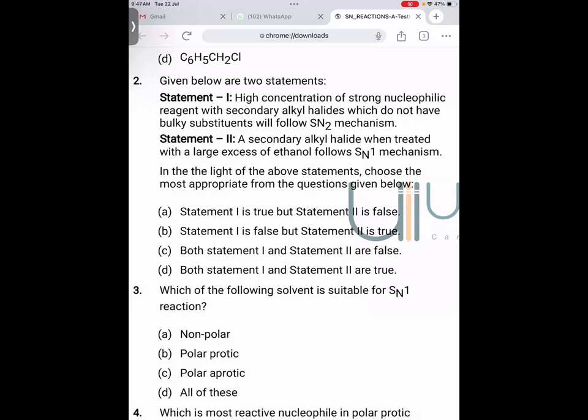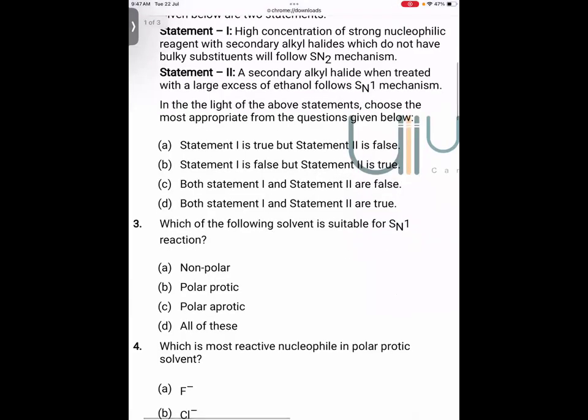That is also correct. So statement 1 and statement 2 both are correct. Now the question is whether one is the correct explanation of the other or not. No, it is not the correct explanation. According to the options given, option D: both statements 1 and 2 are true, but not the correct explanation. So option D is correct.